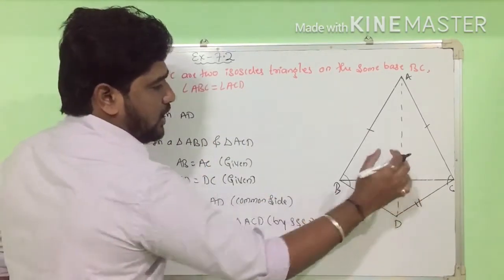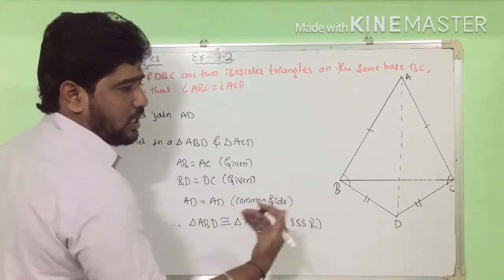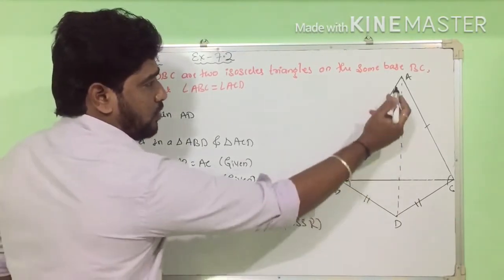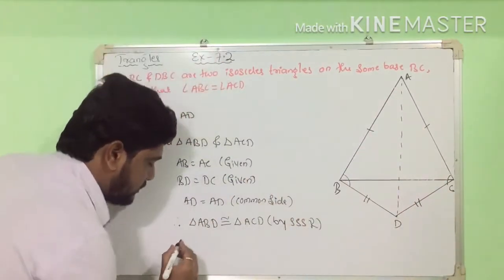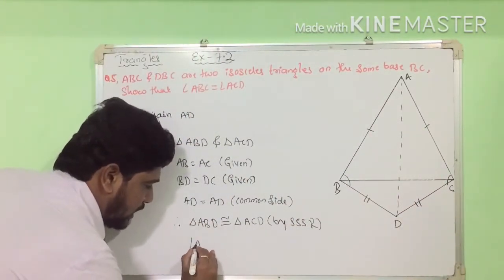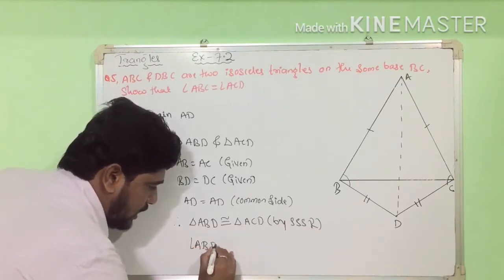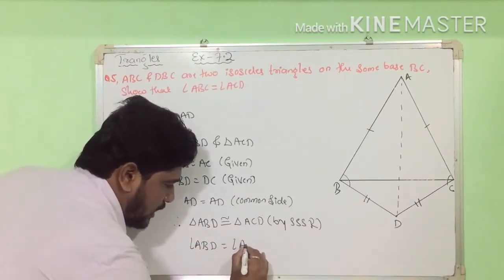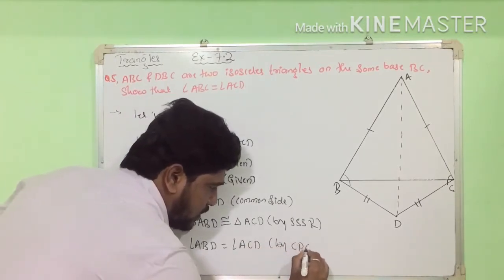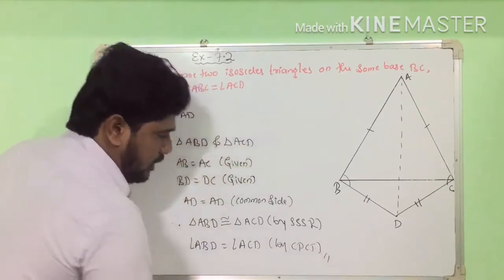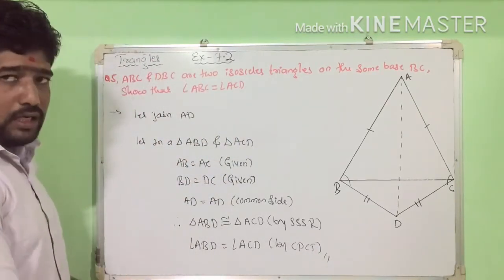So these two triangles are congruent to each other, means their corresponding parts are equal, right? So angle ABD is equal to angle ACD by CPCT, corresponding parts of congruent triangles.